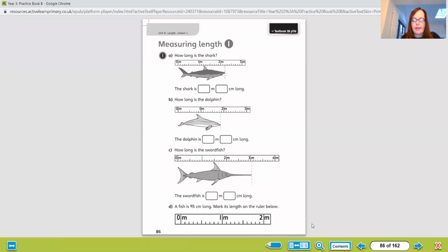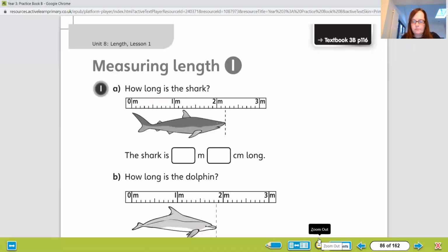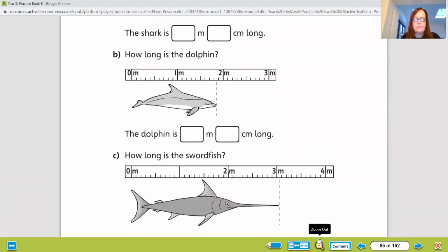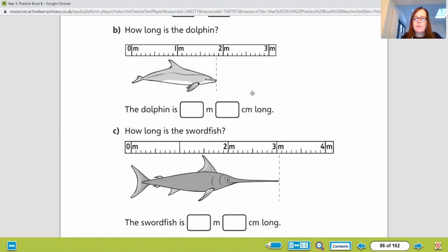Let's have a look at B. So this time we've got the dolphin. Okay, so I'm going to do exactly the same thing. It's lined up with the 0. It has to be lined up with the 0. And then we've got a line going up to there.